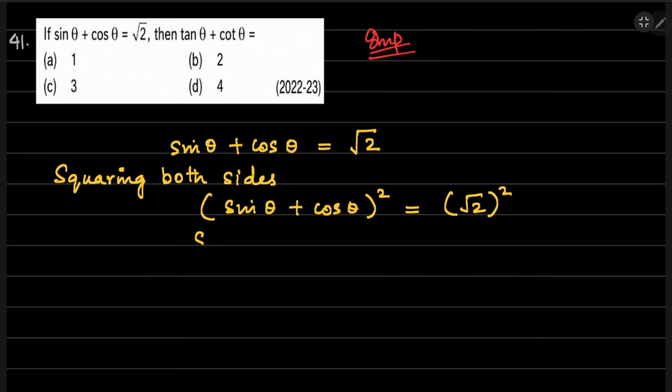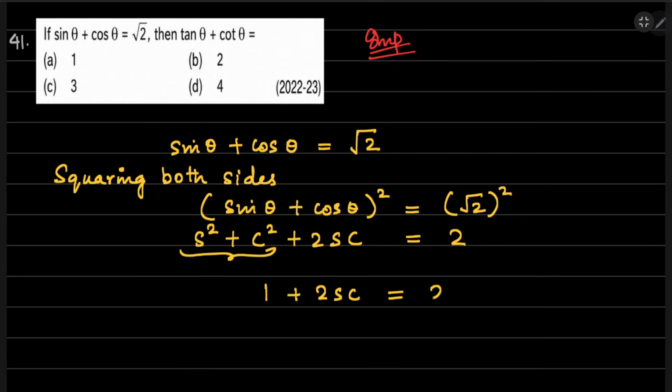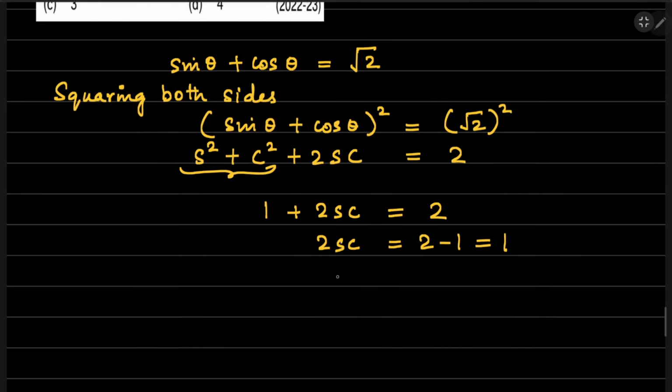Expand it: sine square theta plus cos square theta plus 2 sine theta cos theta is equal to 2. What is sine square plus cos square? It's equal to 1. So 1 plus 2 sine theta cos theta is equal to 2. 2 sine theta cos theta equals 2 minus 1, which is equal to 1. So sine theta into cos theta is equal to 1 by 2.